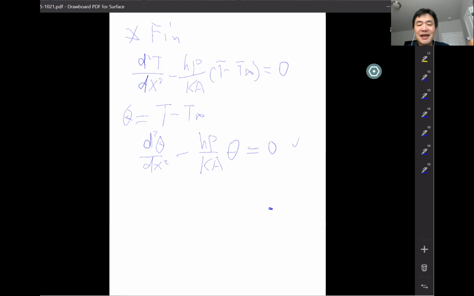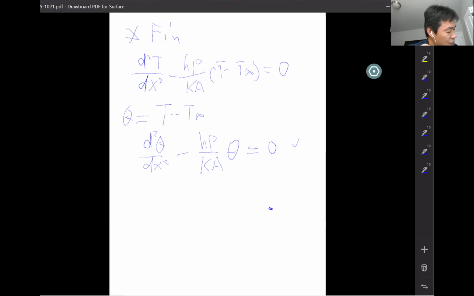So it's actually the total surface area of that band. That's dq convection, the convection heat transfer through this gray area. Again, it's hA delta T. So this is the equation.